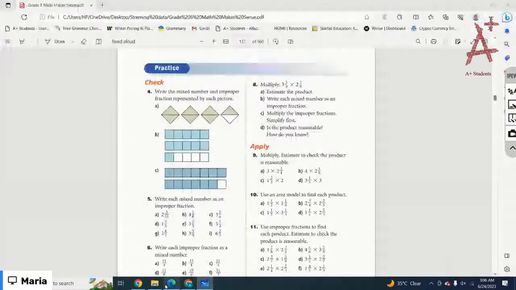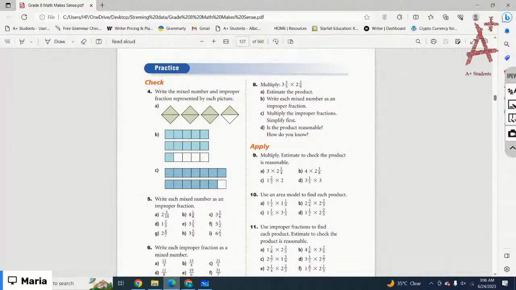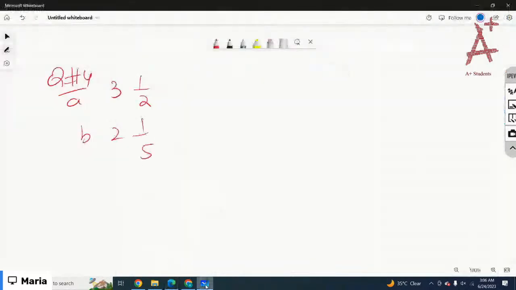Let's look at question number 5. Each mixed number is an improper fraction. You are given mixed numbers, and you have to write them down as improper fractions. Let's start with question 5a, 2 whole 3 over 10. How do you convert the mixed number into an improper fraction?